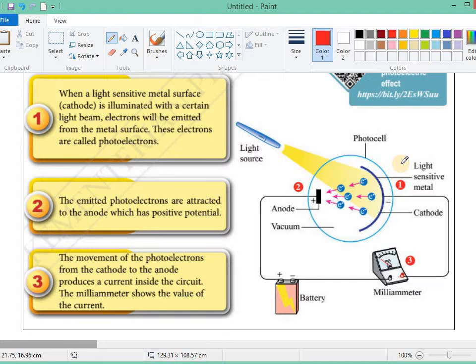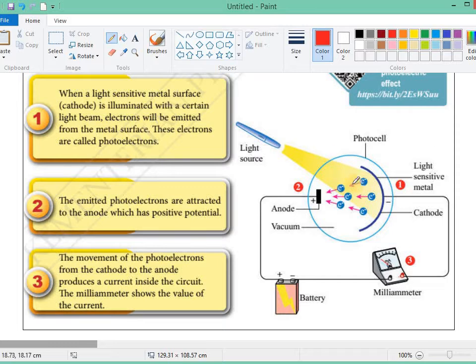Different metals need different amounts of energy for the electron to escape. Some metals only need a little bit of energy, some need more. So the light sensitive metal we put here is a metal that needs a low amount of energy in order for the electron to escape.